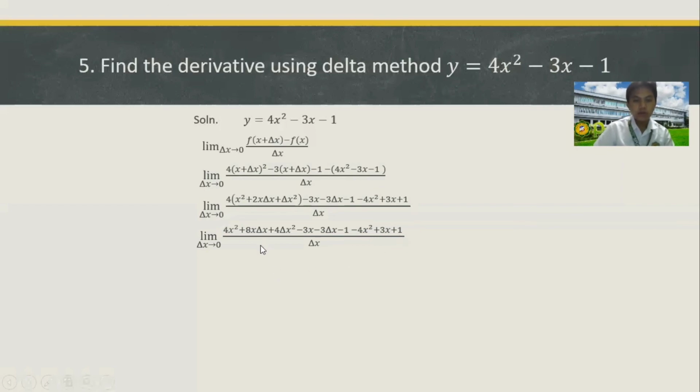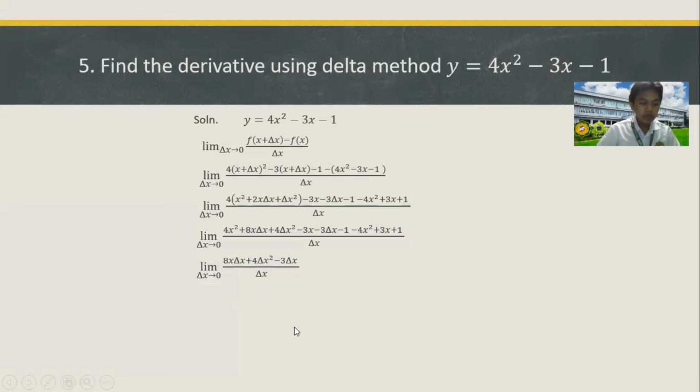So we will use the cancellation. So our limit as delta x approaches 0 is 8x delta x plus 4 delta x squared minus 3 delta x over delta x. And then we will factor our numerator to cancel our denominator.